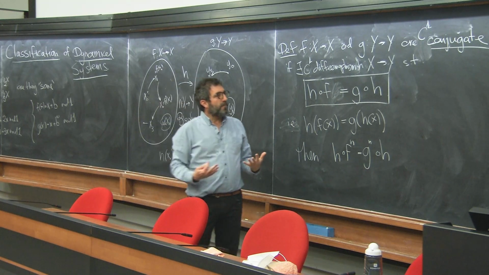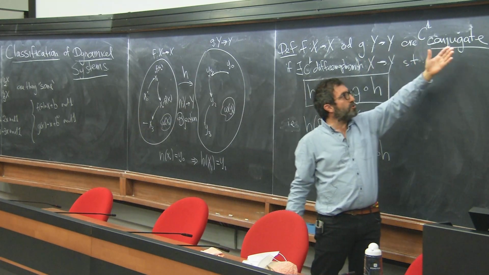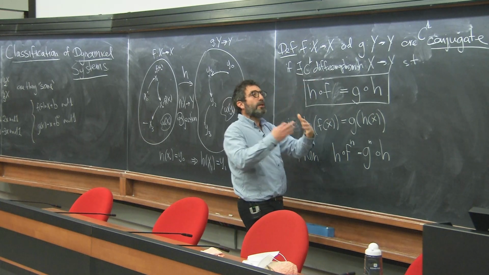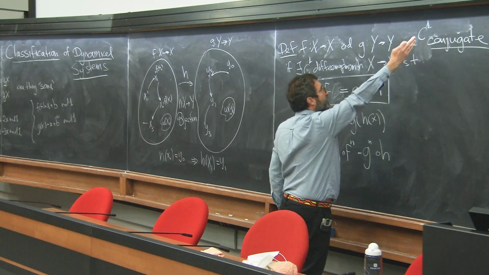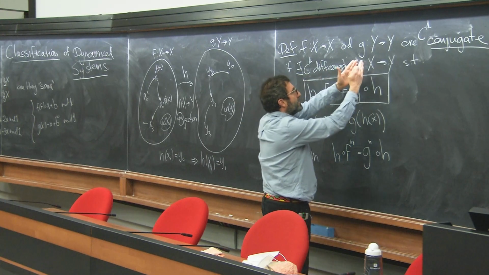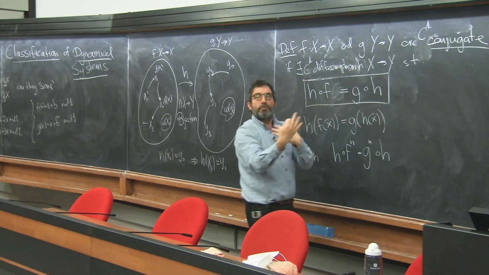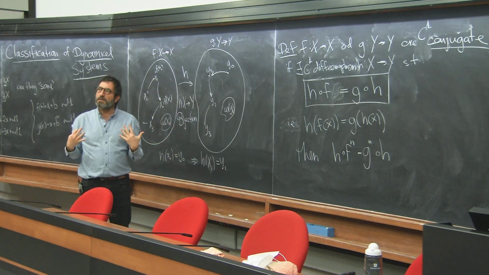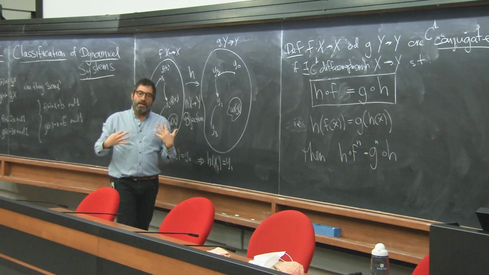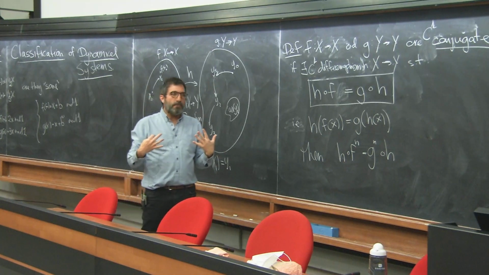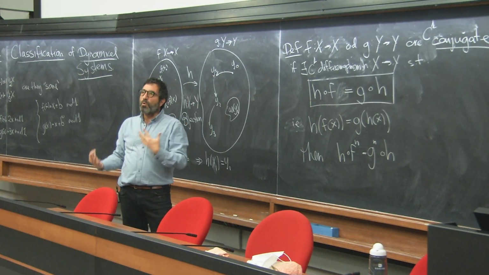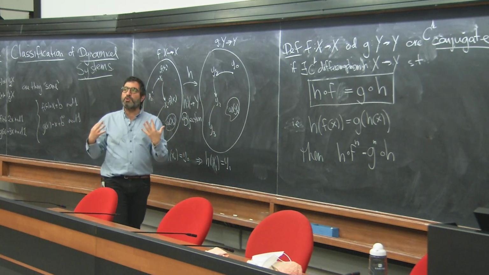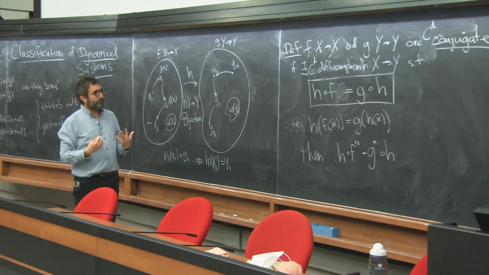So really the quality of the conjugacy refers to the regularity of the map which we use to conjugate the two dynamical systems. And as we shall see, in different situations, there are many reasons to choose one or the other. I will have a little discussion now about which one we are interested in.